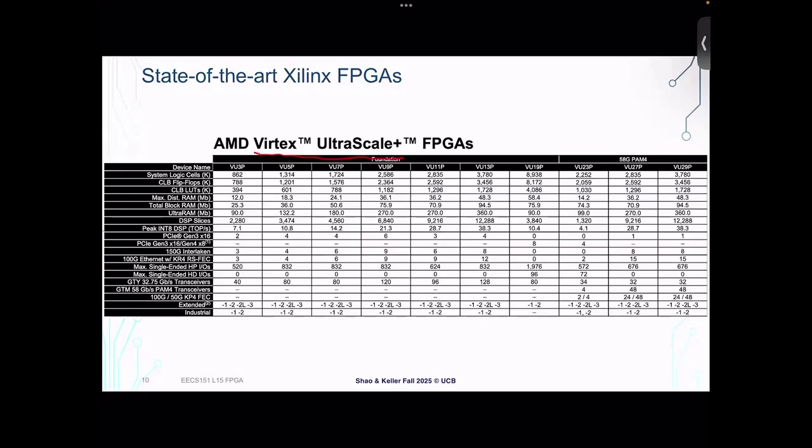You'll notice one thing we've talked about already, CLBs, these configurable logic blocks. You'll notice that's in thousands, so the largest one on here has 1.7 million logic blocks, which is a lot. Oh, yeah, you're right, this one has 4 million. Anyway, there are all these other statistics here. It can be a little overwhelming, but my hope is that by the end of the lecture today, you'll feel more comfortable reading these tables and understanding what the different rows mean.